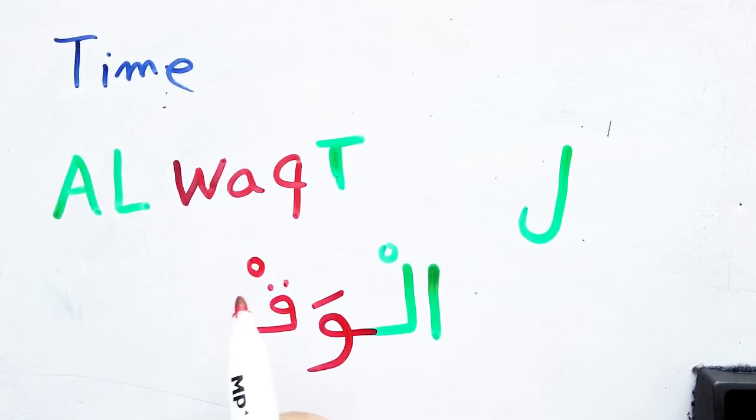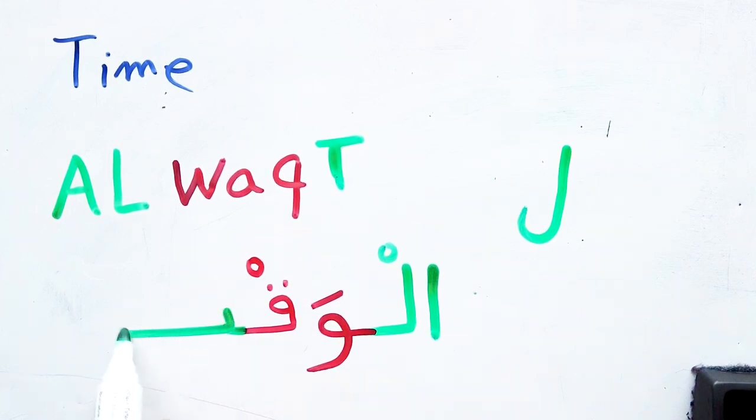This sukun means that it is the end of the syllable. So al-waqt. And then in the end we have this letter ta, it sounds like T. Al-waqt. The time. Al-waqt.